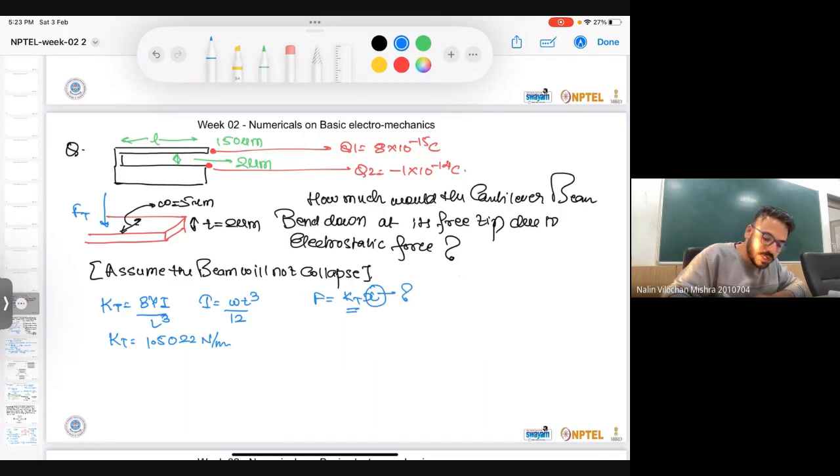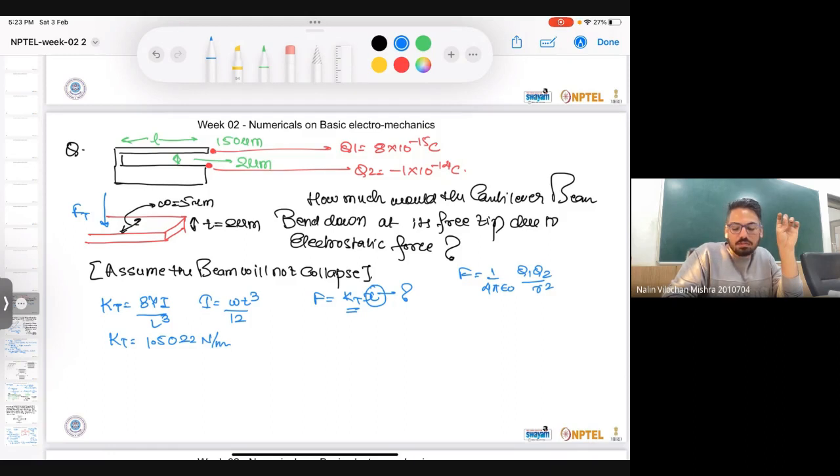So first of all, we need to calculate the force between these two charges. The force has the formula 1 by 4 pi epsilon naught, q1 q2 by r squared.